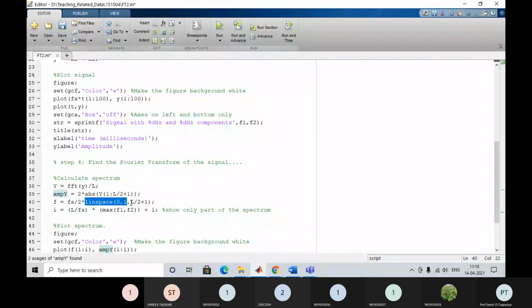And all of these are multiplied by fs by 2. It means the first point is 0 multiplied by fs by 2, which is 0, and the last point is also multiplied by fs by 2.